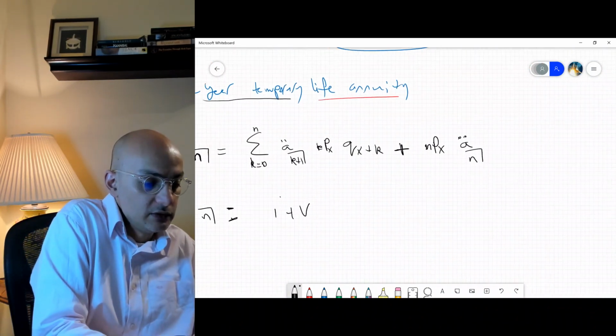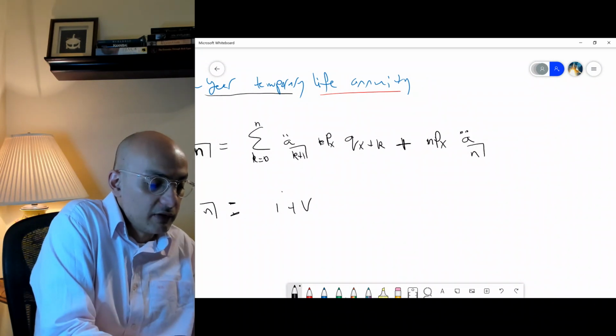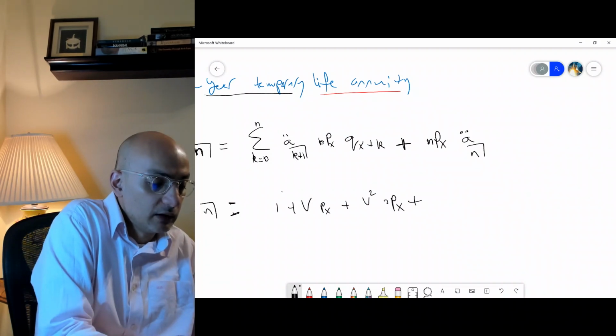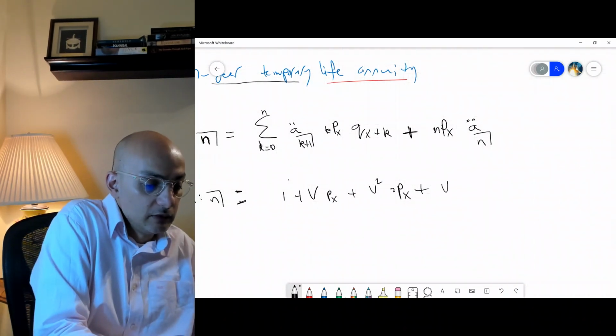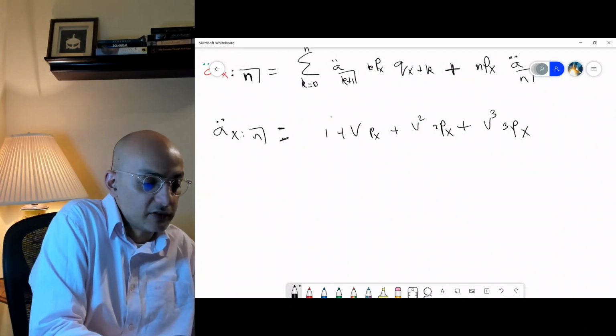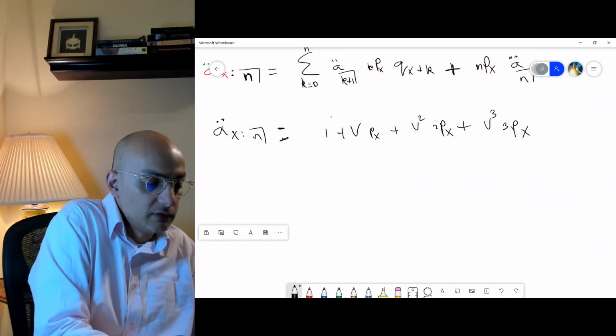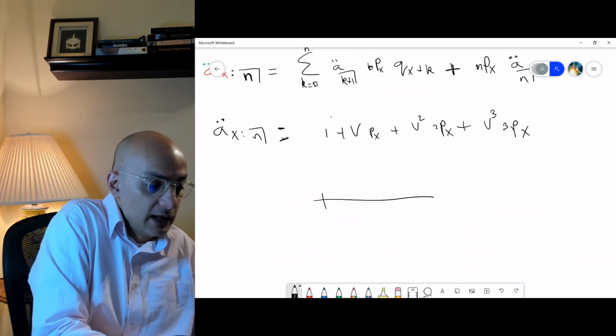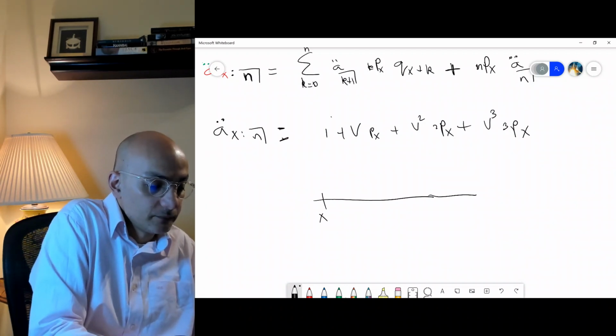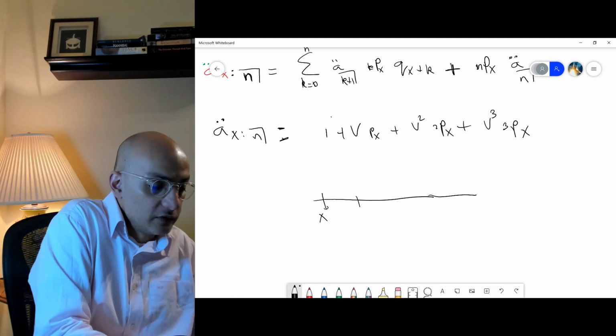So this one, you have v p x plus v squared 2 p x plus v cubed 3 p x. The last term, we need to be very careful about, because this is now your x plus 1.